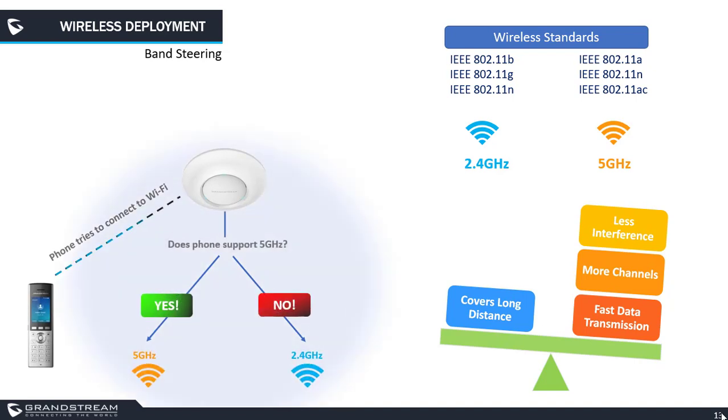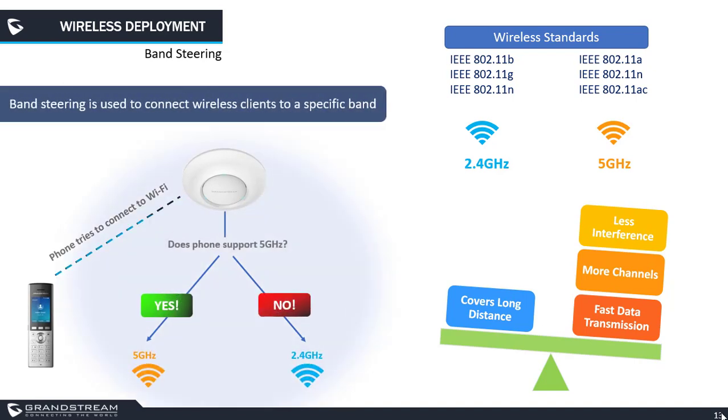That's still new in the wireless world. Because it's very hard to predict which wireless devices will connect to your access points, and because you don't know which wireless standard the devices support, the GWN 7600 series supports an option that we call band steering.